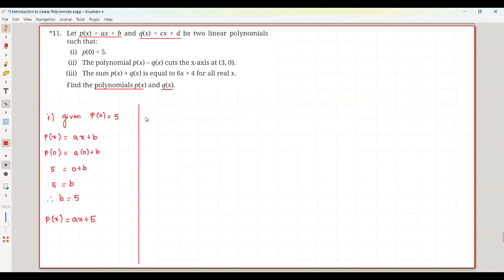Third condition, what is given? P of x plus Q of x is equal to 6x plus 4.